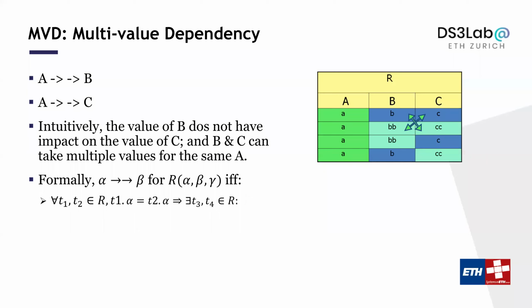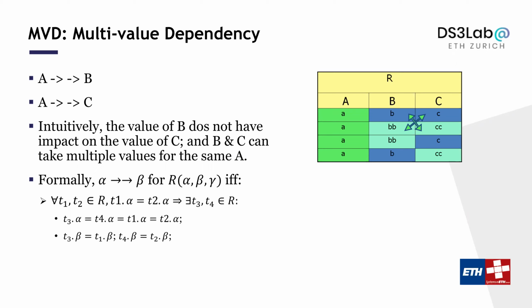If you give me any two tuples, T1 and T2 in R, that match on alpha, meaning they have the same value on alpha, in this example the same value on A, that implies you can find another two tuples, T3 and T4, such that all these four tuples, T1, T2, T3, T4, match on alpha.